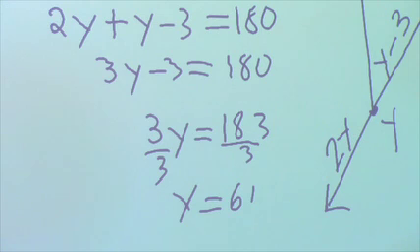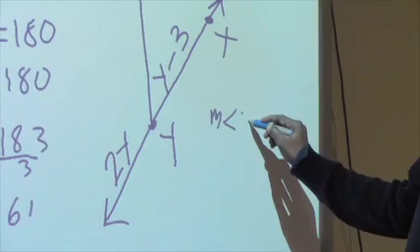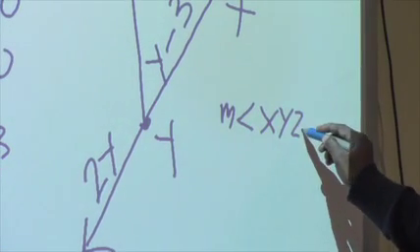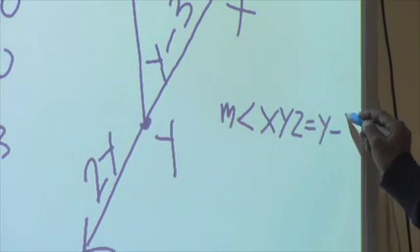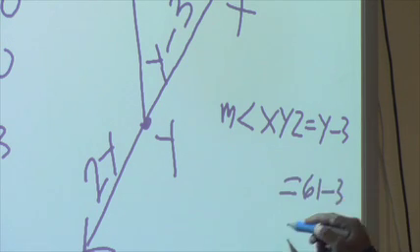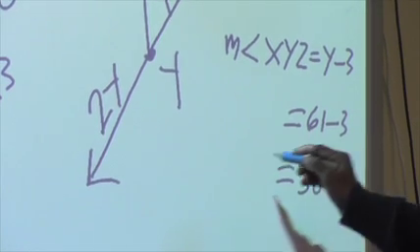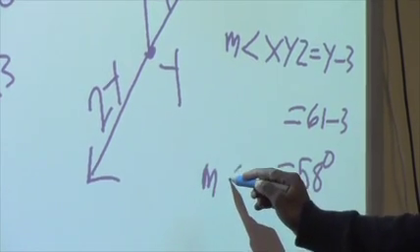Now, to find our angle XYZ, we must substitute. So the measure of angle XYZ is equal to y minus 3. Our y is 61, 61 minus 3. So the measure of angle XYZ is going to be 58 degrees. And then we are done.